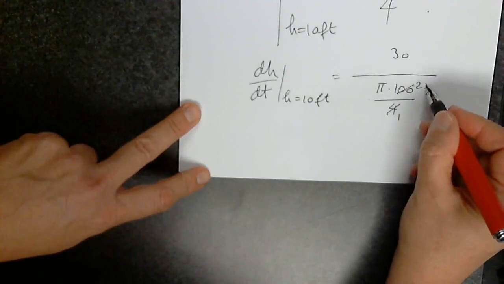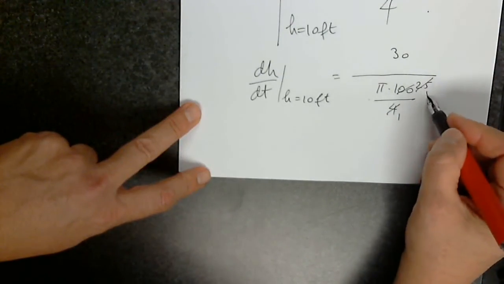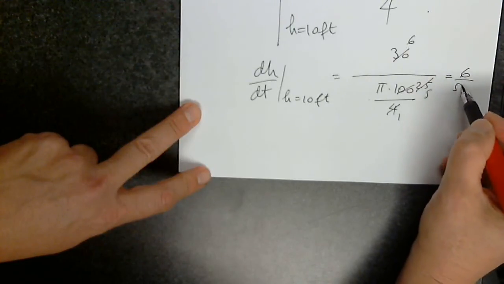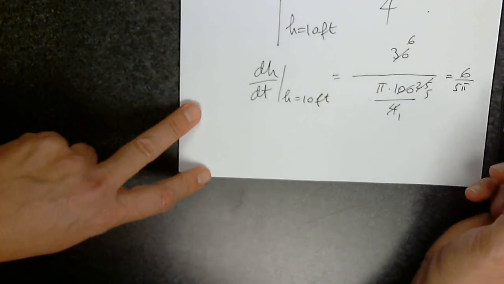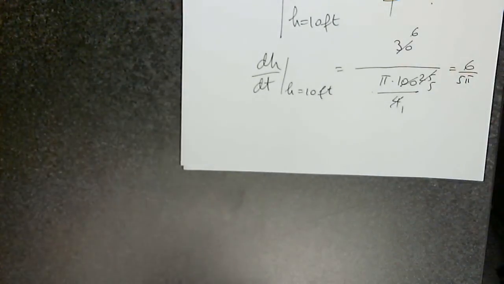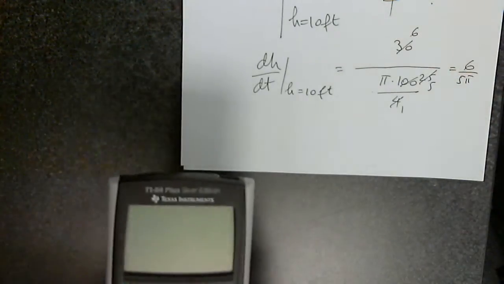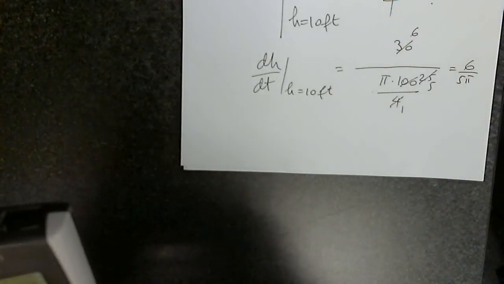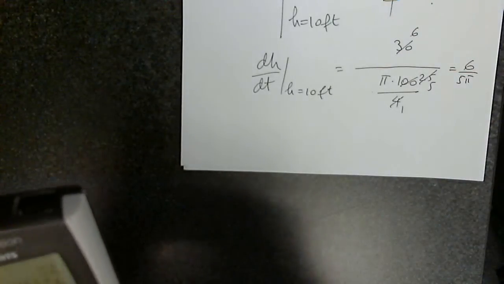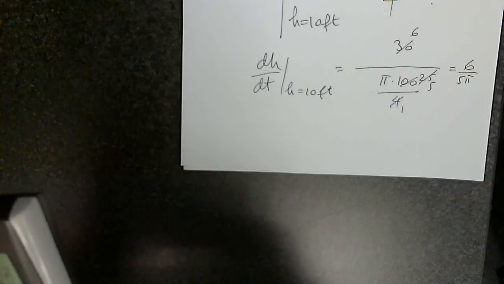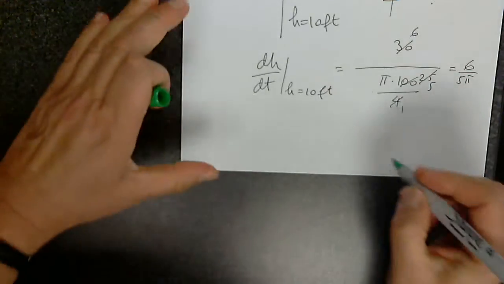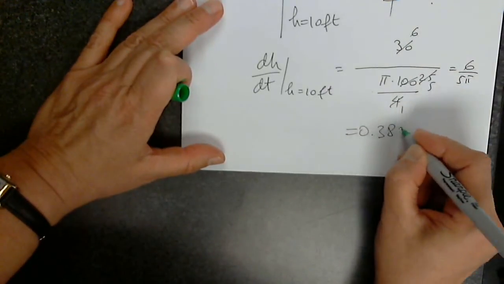So this is 25, then 25. So it's 6 over 5 pi. I'll have to divide that. Six divided by 5 and further divided by pi. I got 0.382. Measurement unit, 0.382.